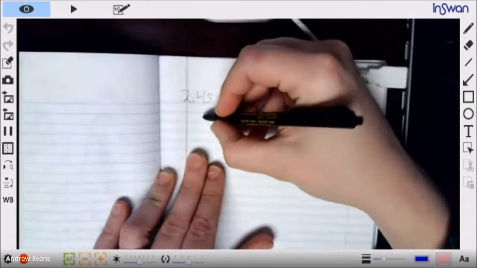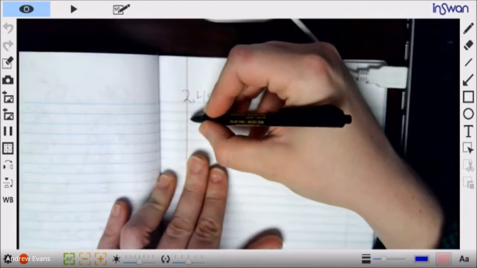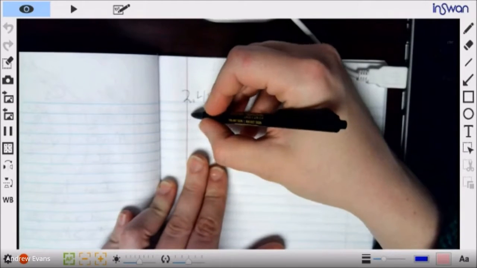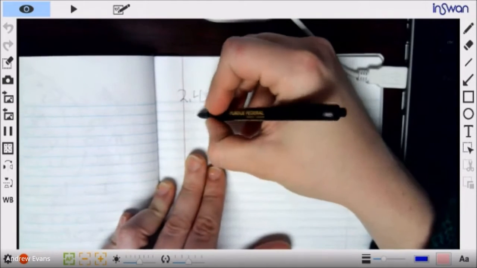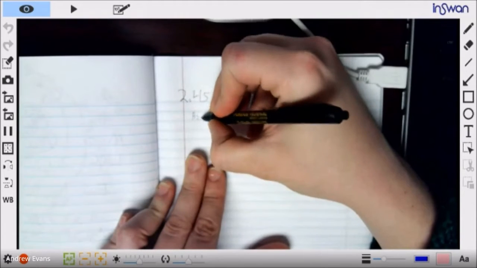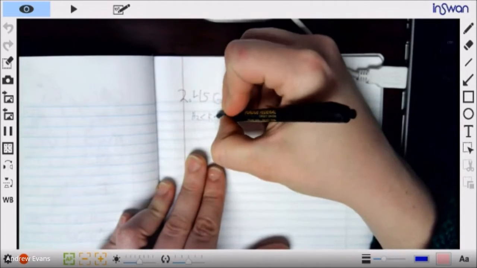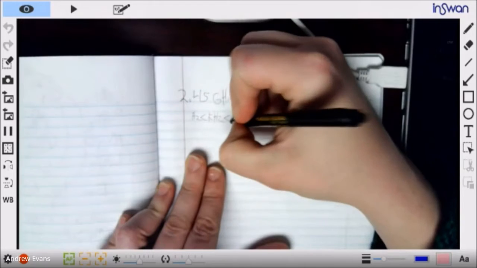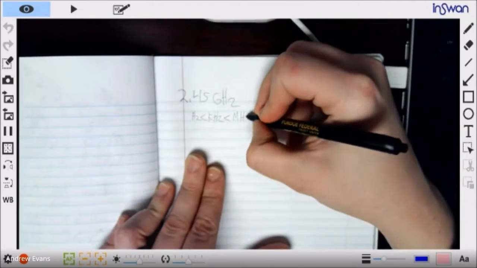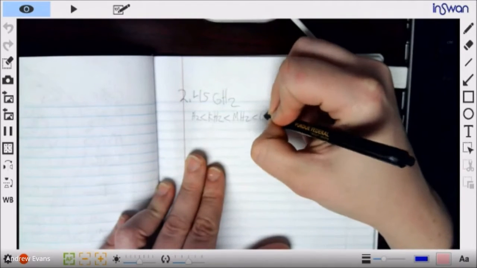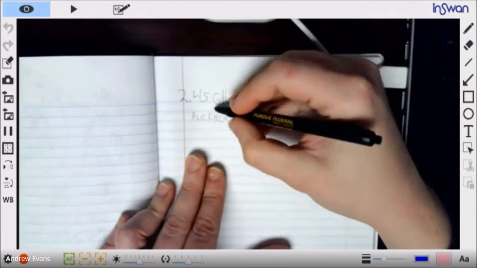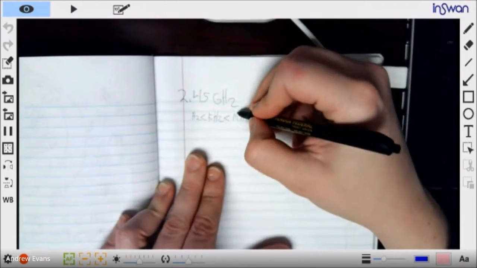The order is from the hertz. Hertz is smaller than kilohertz, which is smaller than megahertz, which is smaller than gigahertz. 10 to the third, 10 to the sixth, 10 to the ninth.